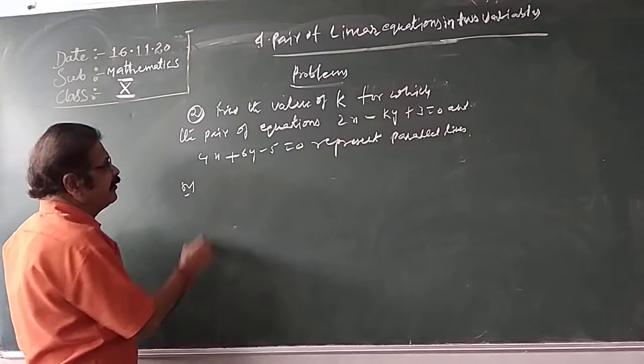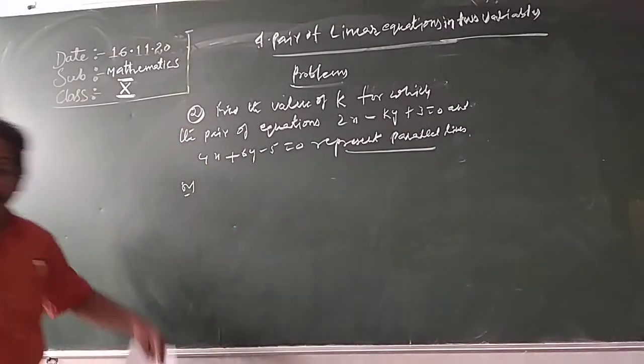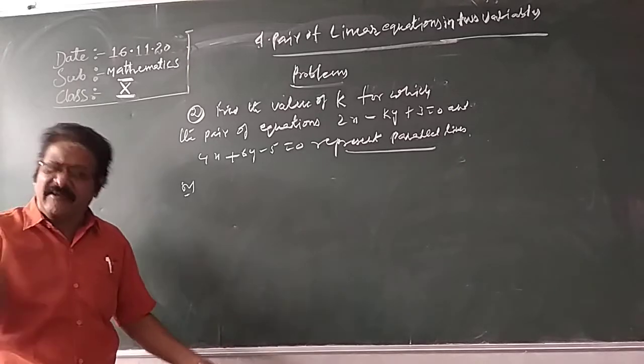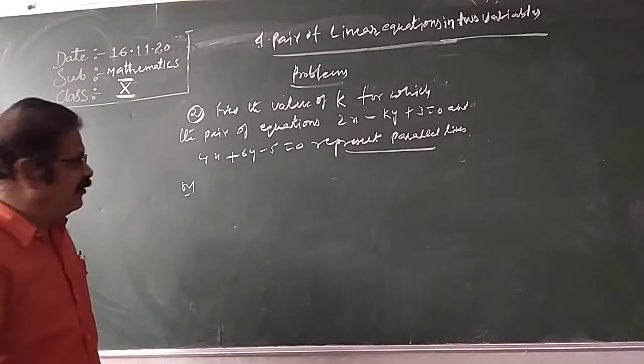So what is represented here? Parallel lines. When the given pair of linear equations are parallel, what is the condition? a1 by a2 equal to b1 by b2 is not equal to c1 by c2.